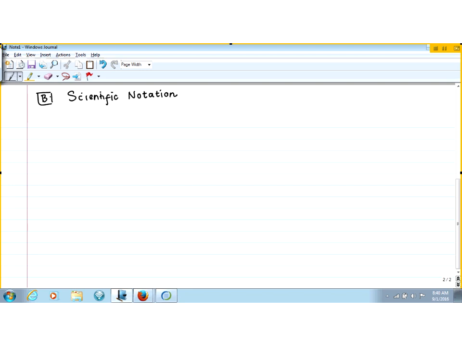So what is the scientific notation? So a number is written in scientific notation. Why do we use scientific notation? You mean it's too big, right? Yeah, it's too big or too small.